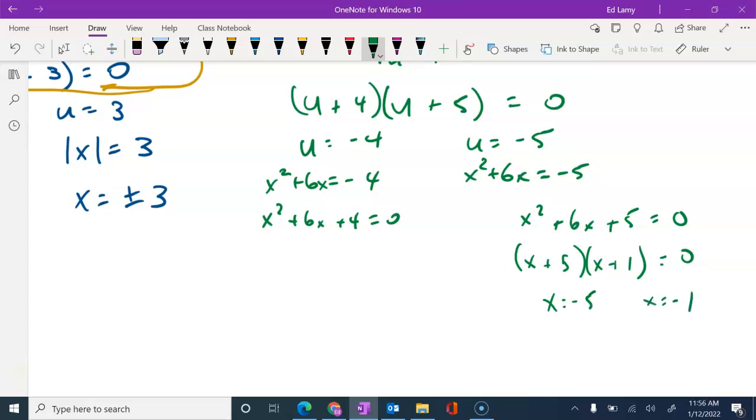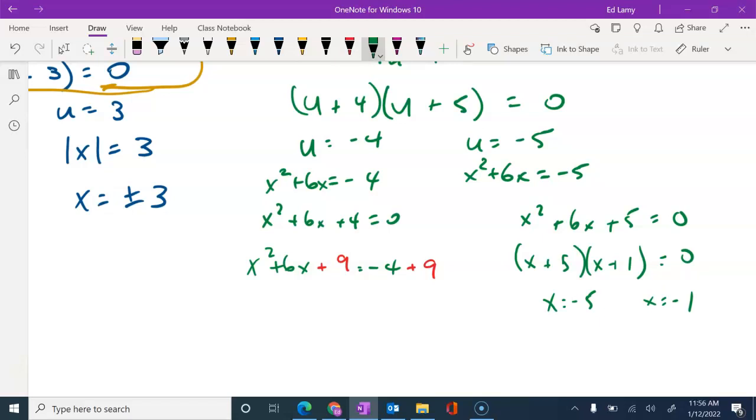That first one doesn't look like it factors. I don't think it does. So I'm going to use complete the square. Again, we can use any quadratic technique. I put in that space half of 6 squared. I put a plus 9 here and here.